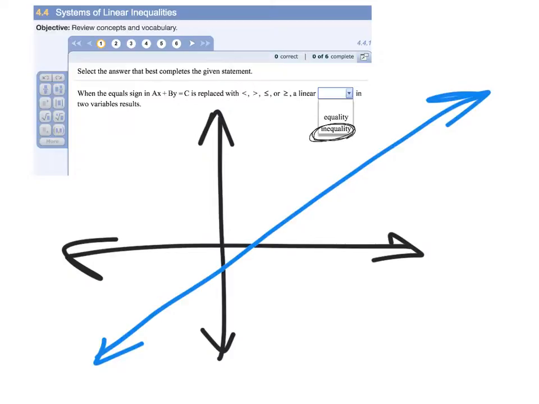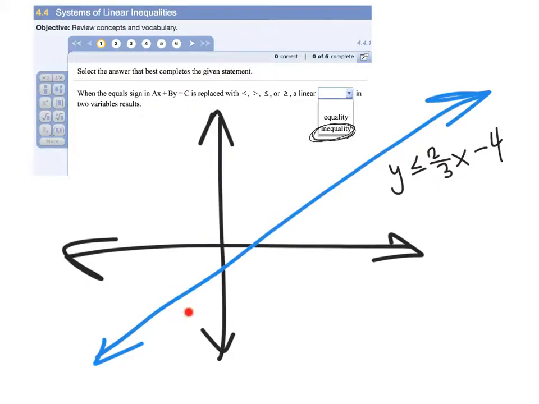I'm going to say that this line right here is y is less than or equal to, let's make something reasonable, 2/3 x minus 4, okay? So what that means is it starts down here at -4, and then it goes up 2 over 3, up 2 over 3, up 2 over 3. So that's what that line is saying, right?